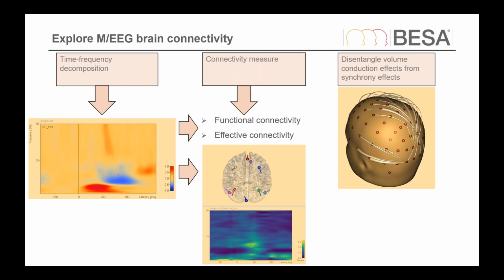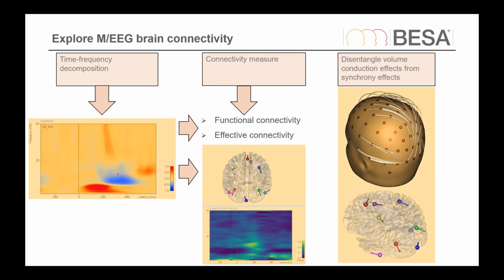Talking about channels, another ingredient that is highly useful in this analysis pipeline is the disentanglement of volume conduction effects from the actual synchrony effects. This can mean moving from sensor level analysis that's done on the surface, like this example up here, to brain level or source level analysis that we would actually advocate here.